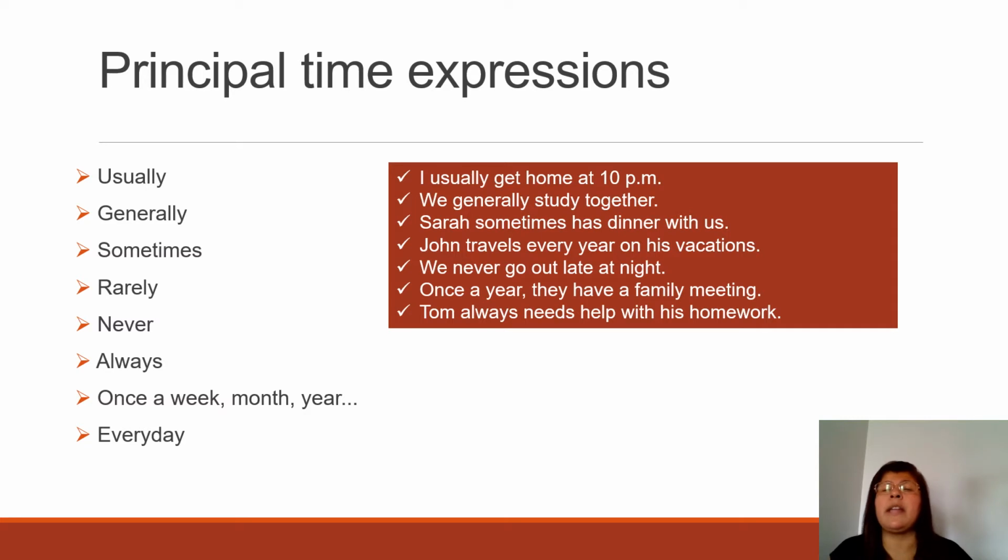Once a year, they have a family meeting. So once a year comes at the beginning of the sentence with a comma, or it can come at the end of the sentence. And finally, Tom always needs help with his homework. So the expression always comes before the verb. You have to pay attention. These adverbials, usually, generally, sometimes, one word adverbials, come before the verb.